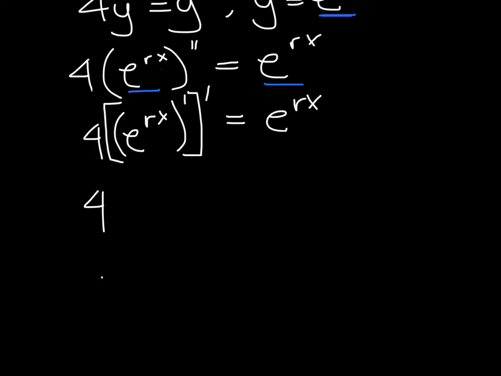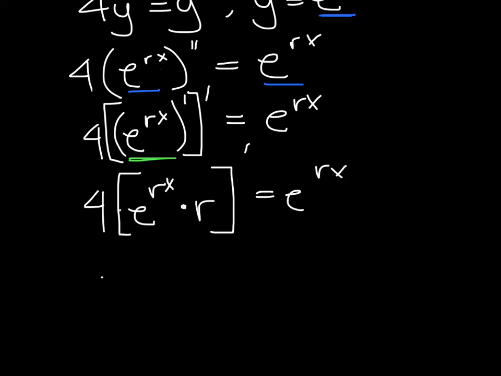So we have 4. Well, what's the derivative, right, of e to the rx? Well, remember that's e to the rx times the derivative, right? This is using the chain rule, the derivative of the inside function, or that was just our kx in the common derivatives in one of the videos I did. So this is just times r, but remember this is just the first derivative, so let me keep my brackets here and equals e to the rx.